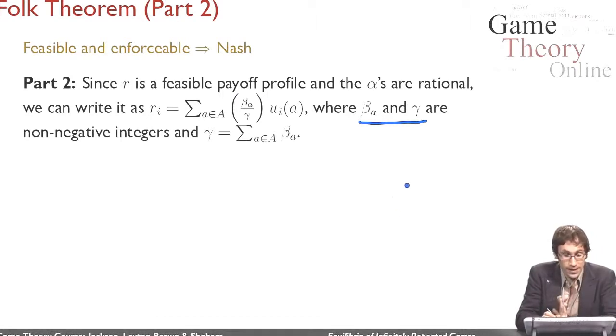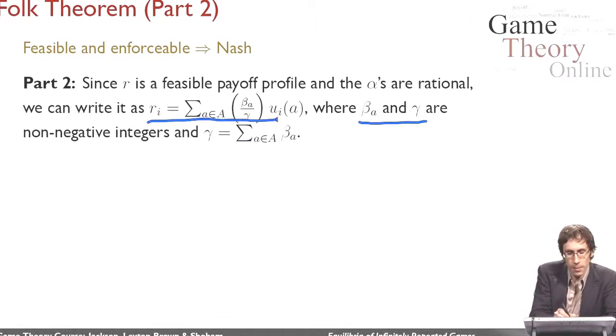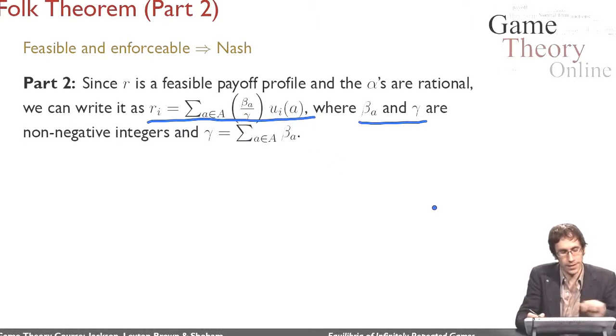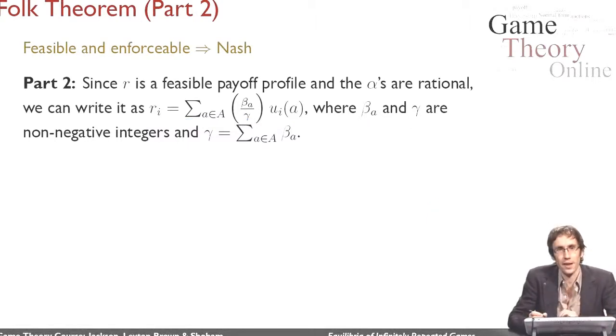That's not hard to do because we know that the alphas are rational, so it's possible to write each of these alphas as a fraction. Then we can make gamma their common denominator, and set the betas appropriately. So that shouldn't be too surprising. That just follows from the fact that these alphas are rational and from feasibility.